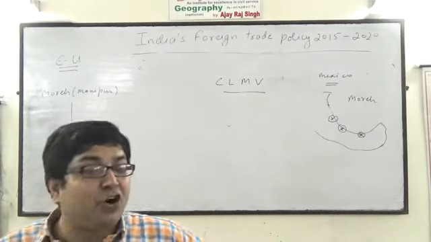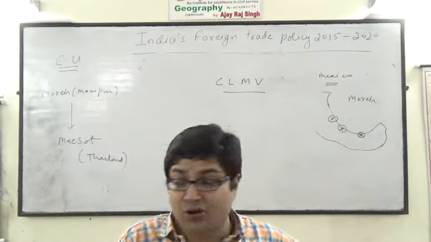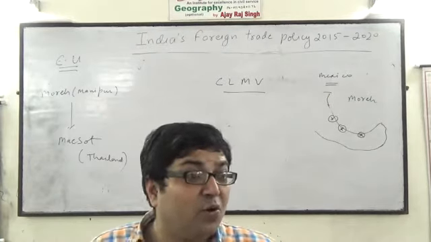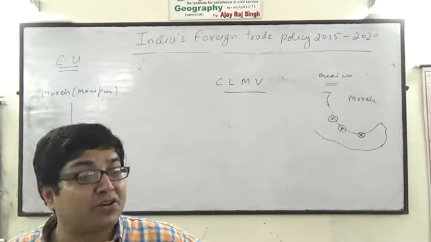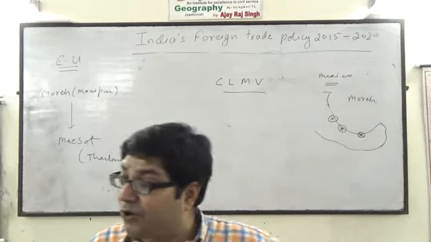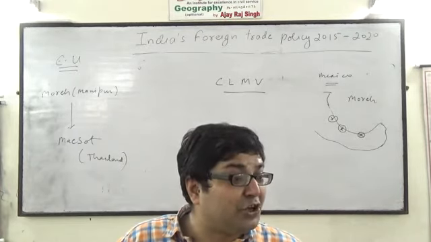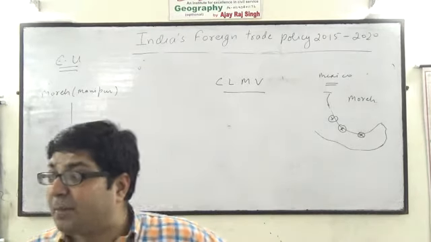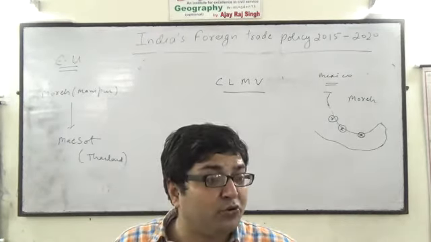Then, trade with Hong Kong was $20 billion, second. Third, trade with South Korea was $16.6 billion. And fourth, trade with Japan was $16.3 billion. These countries constitute the major chunk of India's trade volumes.